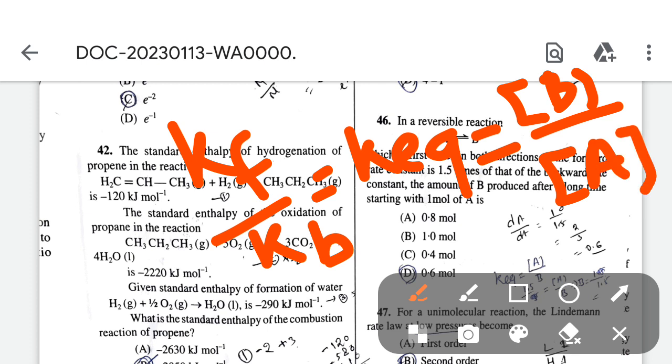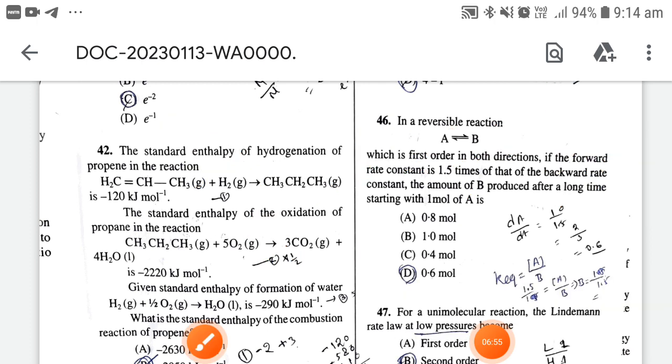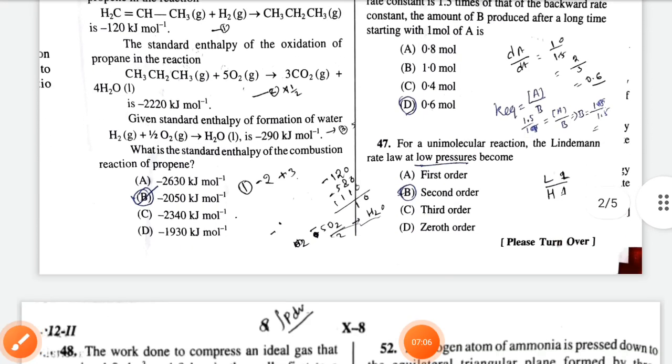Okay, here we will put the value and get the answer, that is 0.6 mole, option D.